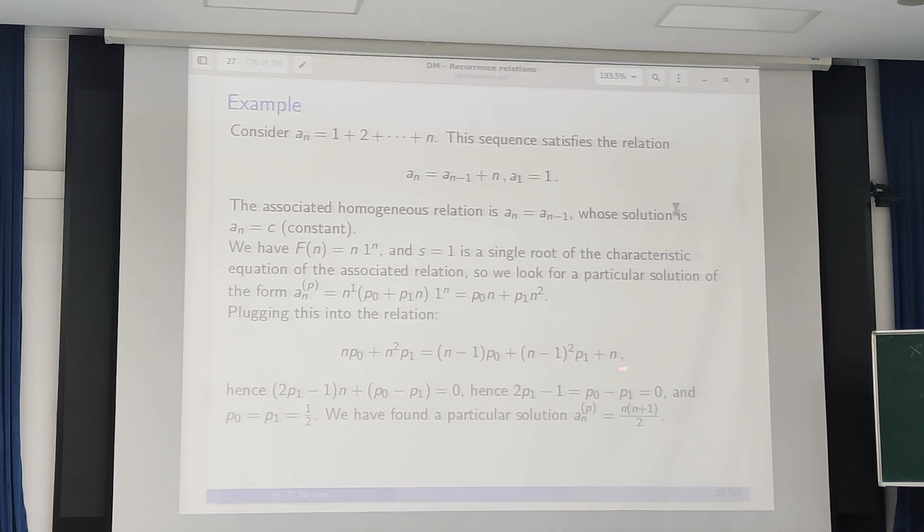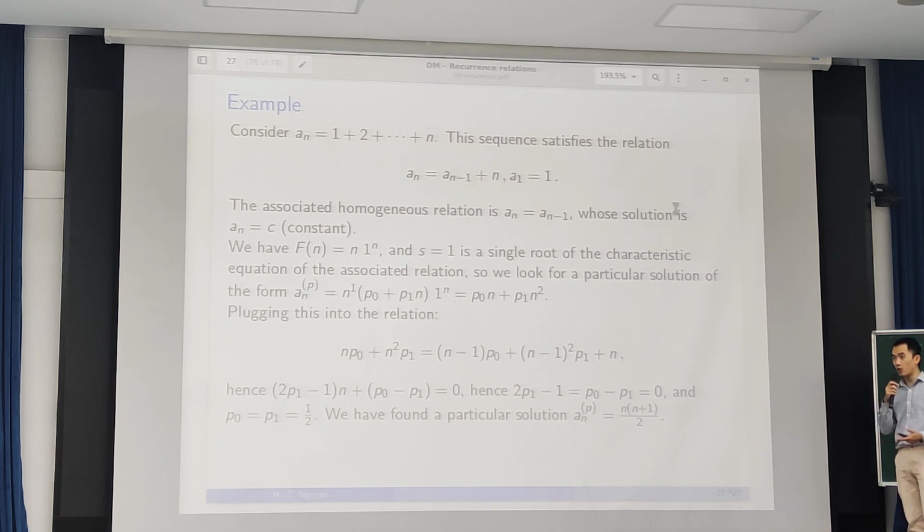But we know that this relation is true for every n. That means that this expression, after you simplify and move everything onto, let's say, the left hand side and put 0 on the right hand side, then for this equation to be true for every n, the left hand side must be 0.